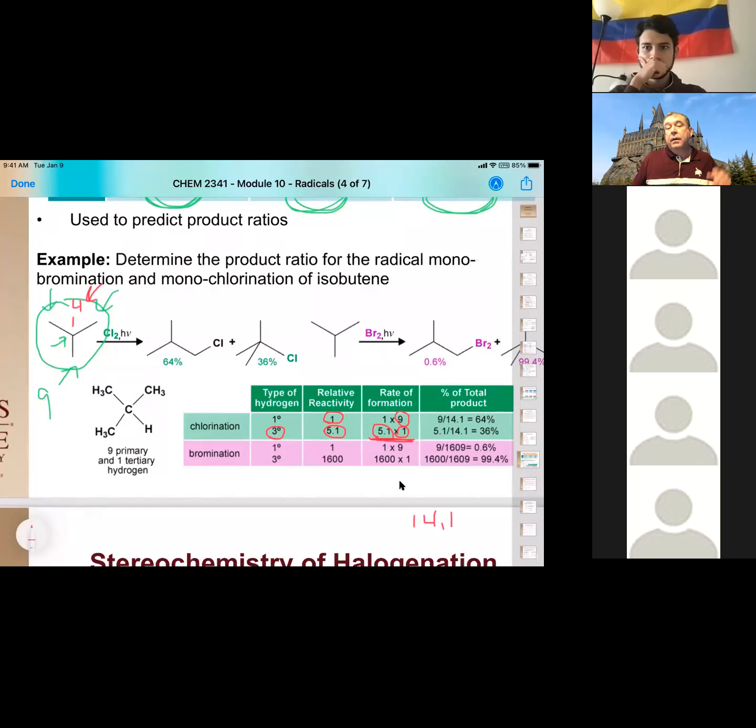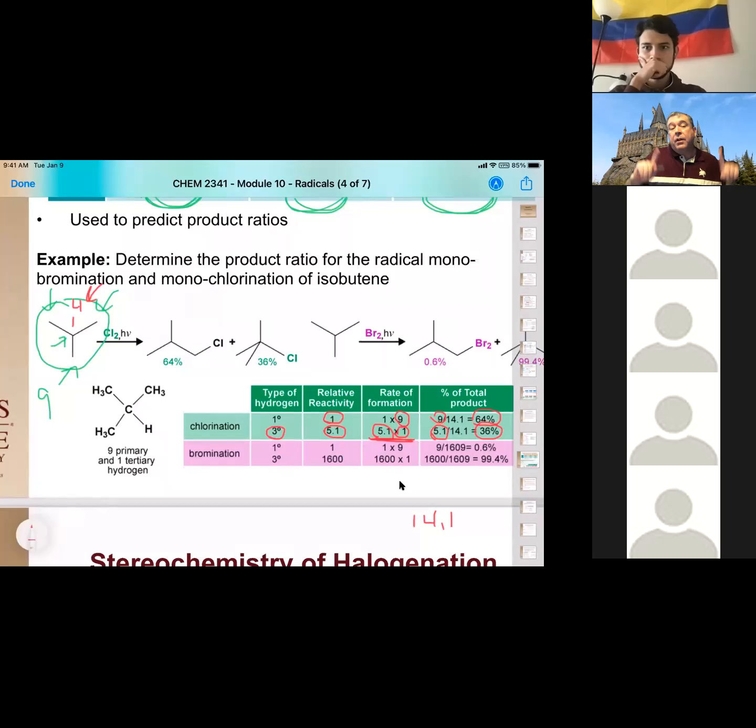So we have 14.1 types of reactions that can happen at any time, and 9 of them happen on the primary, and 5.1 of them happen on the tertiary, meaning our product ratio is going to be 64:36. Okay, so we're taking into account the reactivity ratio and taking into account the statistics of the number of sites available. Okay, so that's what we're doing here.